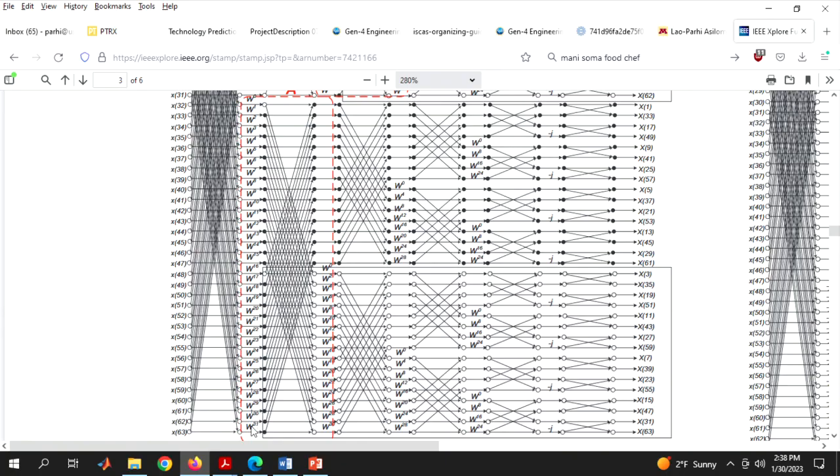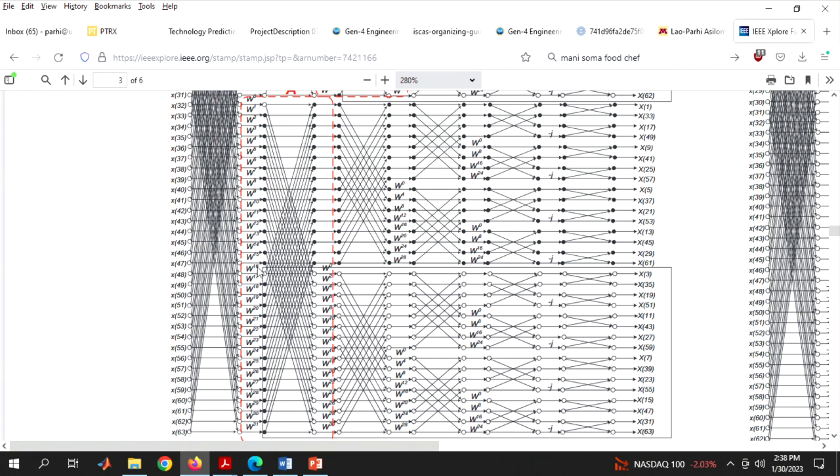But if we want to get a better estimate of non-trivial complex multiplications, we will exclude w to power 0 and w to power n by 4, which is minus j, and that would be w to power 16.